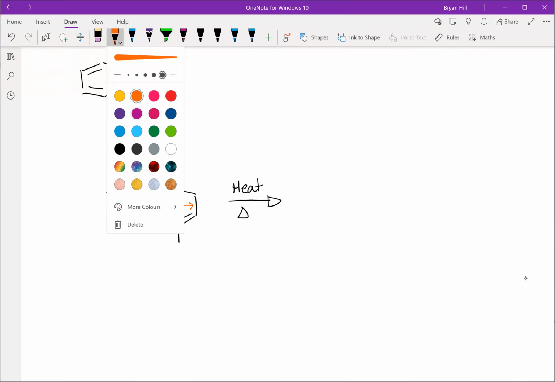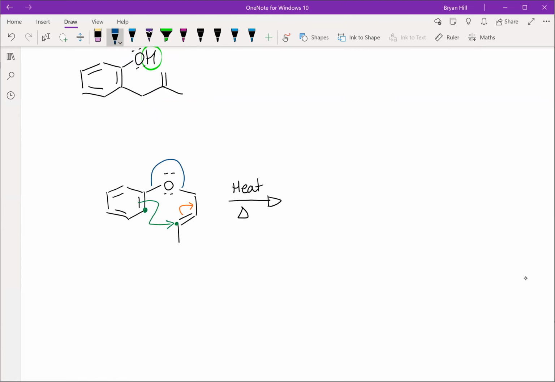And then last but not least, we're going to break that last bond. I'll put this one in blue. So this one goes around to here. So in the end, every carbon has the appropriate number of electrons. And so our intermediate is going to be this.